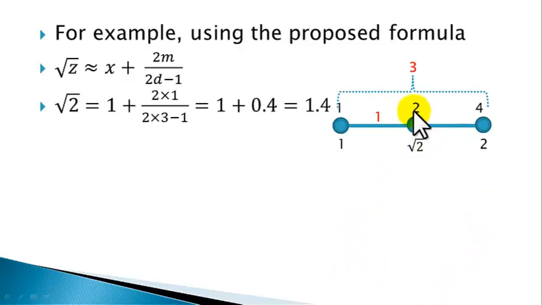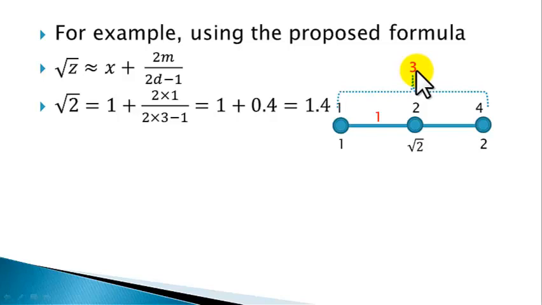Here the next square number less than 2 is 1, and the square root of 1 is 1. The next square number greater than 2 is 4. The square root of 4 is 2. The distance m from 1 to 2 is 1, while the distance d from 1 to 4 is 3.